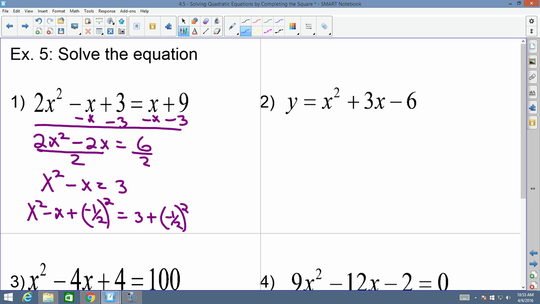Now I factor this perfect square binomial. That's going to become x, and then the inside part, minus 1/2, squared. Remember, the inside part is simply the b over 2. That's going to equal 3 plus 1/4.